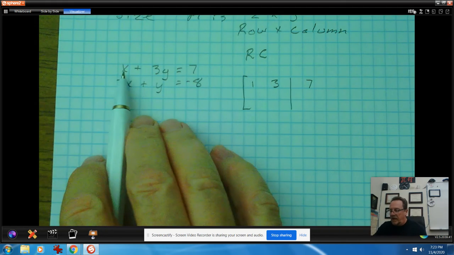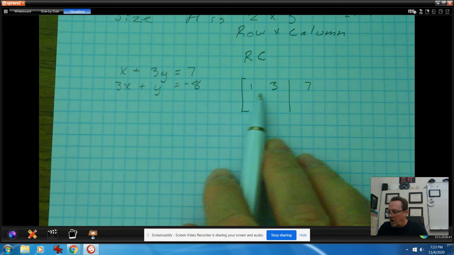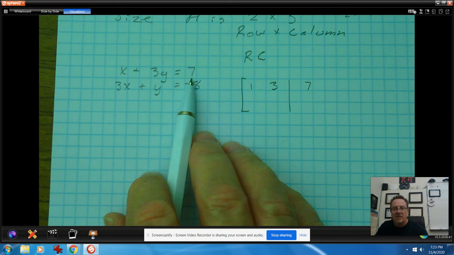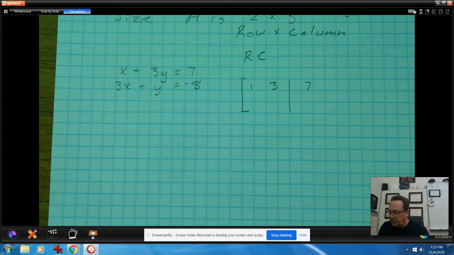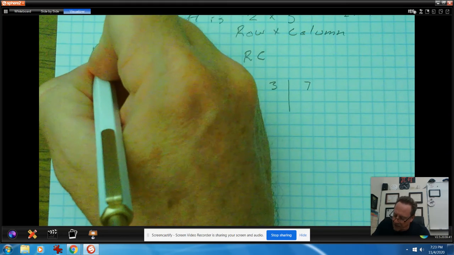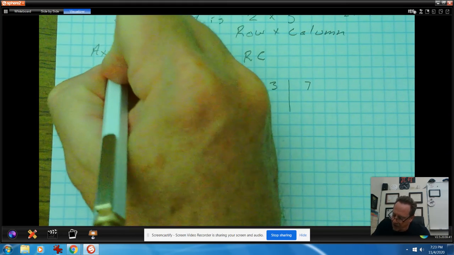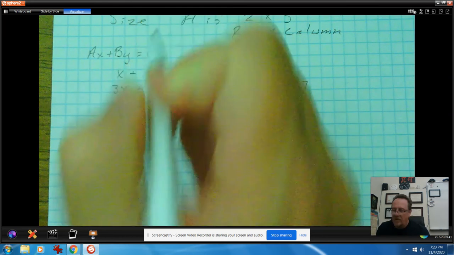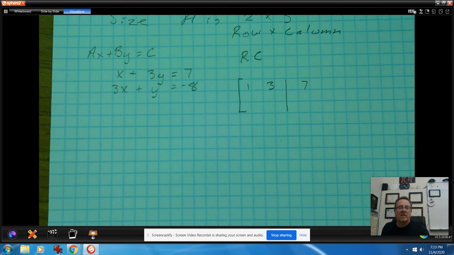So we're just writing this equation as a row in the matrix with the coefficients as the elements in that row. So 1x, 3y, and 7 is our constant. Notice that these are all in what's called standard form. Remember standard form of an equation where c is our constant term.